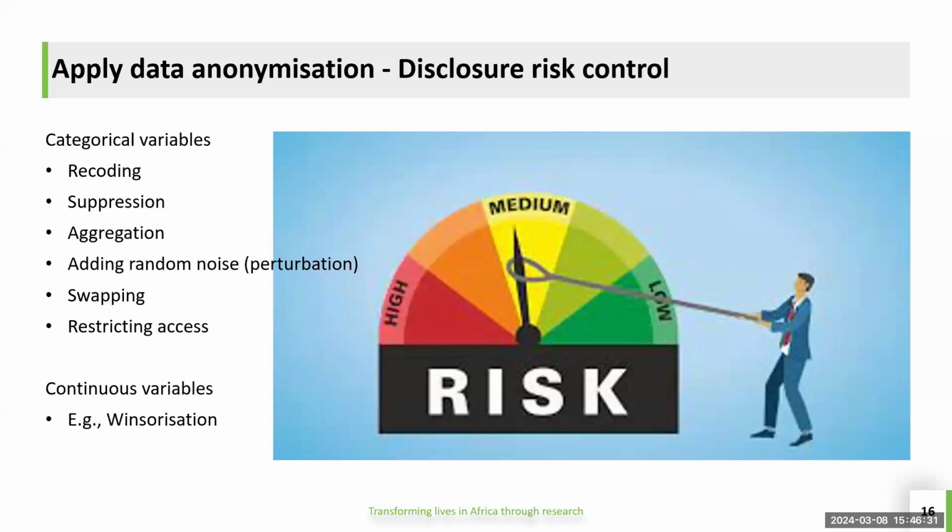So you can recode those ages into 10-year age bands, so that that combination now has 6 other people. So you can't pinpoint to say, okay, this is so and so anymore, because 6 people have that same combination. You can also suppress some data if they are leading to disclosure. So change them to missing.